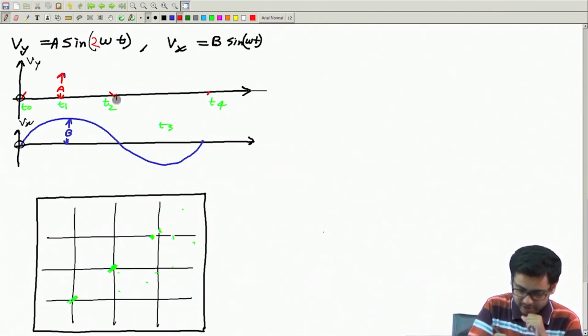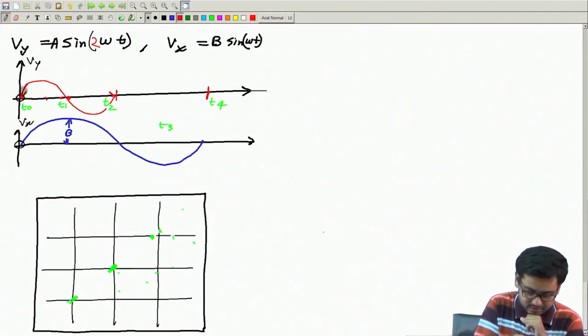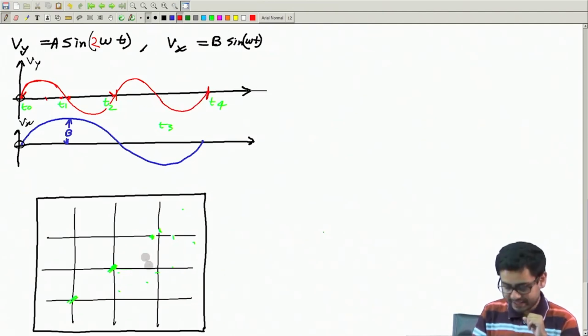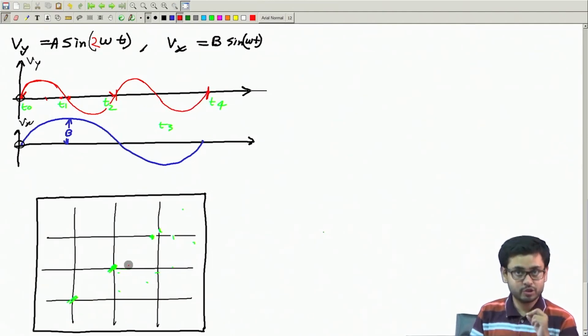That means it will complete one cycle, then another cycle here: one cycle here, and another cycle here. Now let's ask, how will this plot look? Please do not watch my answer before trying it yourself.